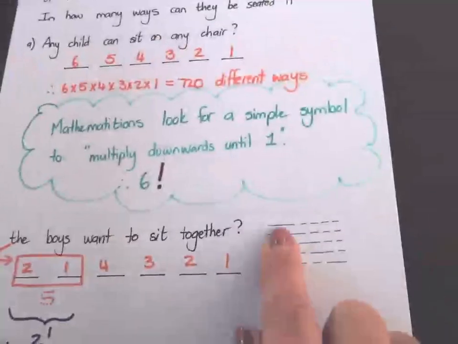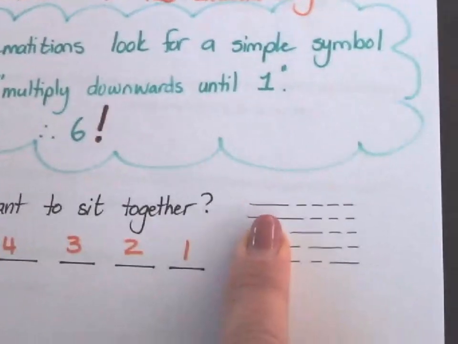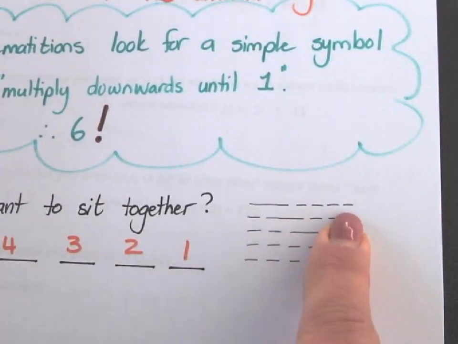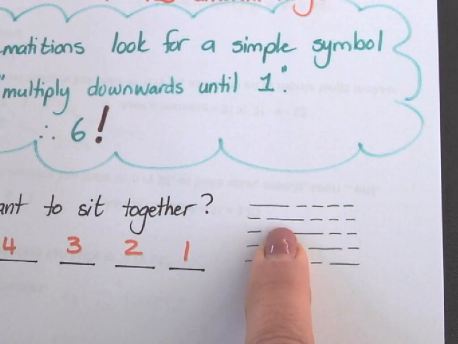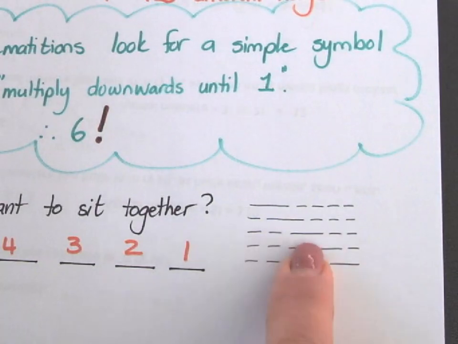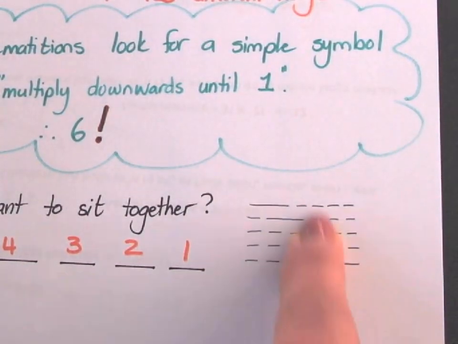So if they sit on the first 2 chairs, it's 1, 2, 3, 4, 5. If they sit on the second and third chairs, it's 1, 2, 3, 4, 5. Or if they sit on the third and the fourth chair, the fourth and the fifth chair, and on the fifth and the sixth chair, it looks like that.